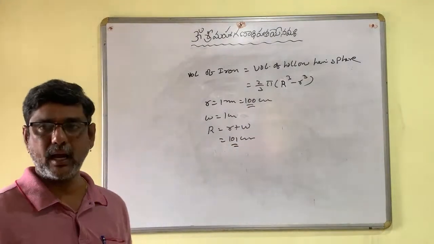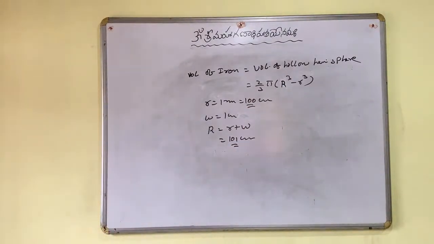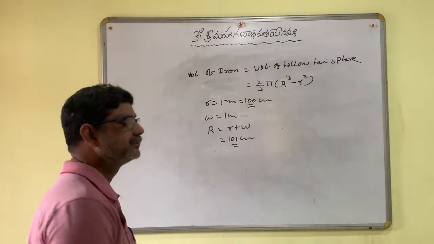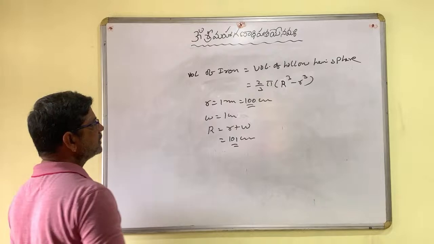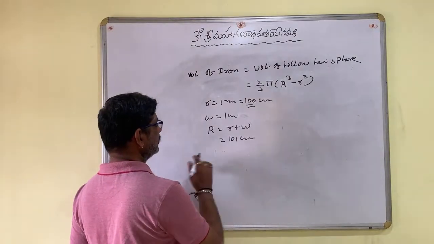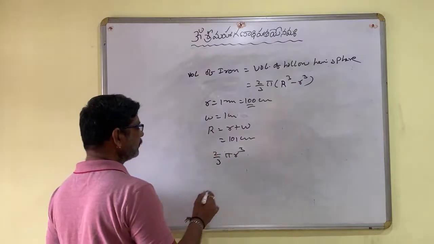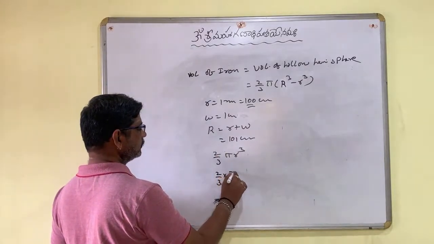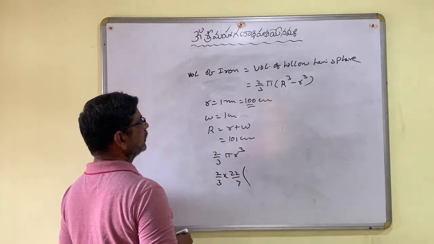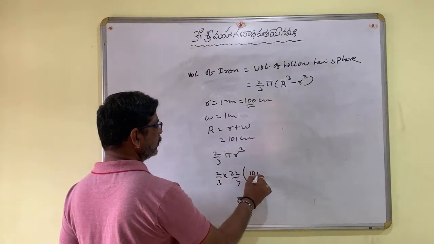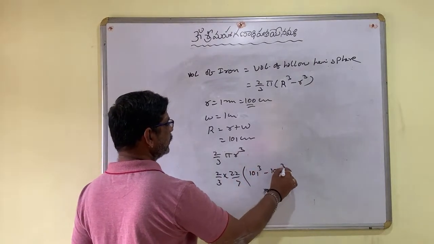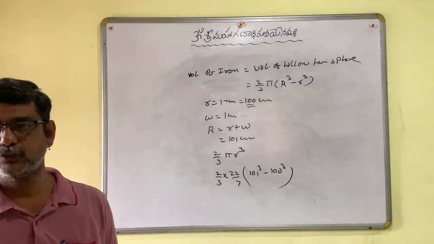We have small r and we have capital R. Substitute the values and simplify. 2 by 3 pi into 101 cube minus 100 cube. Simplify this, children.